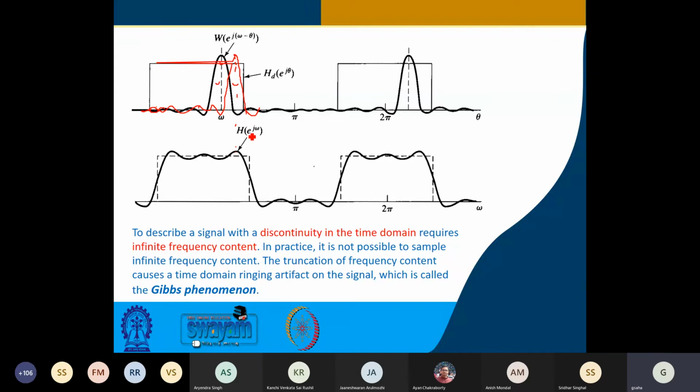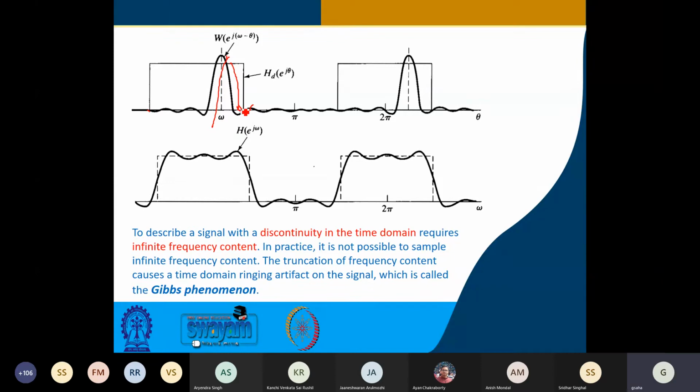And in between, so if it is neither here nor here, somewhere here, part is inside and part is outside. And similarly, part will be here. So we expect an in-between value.